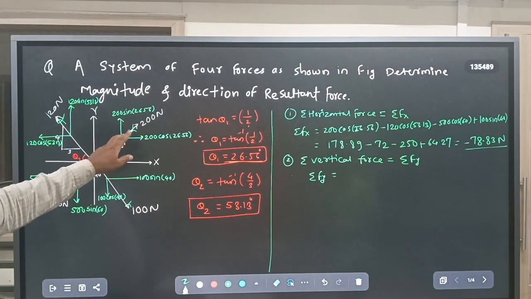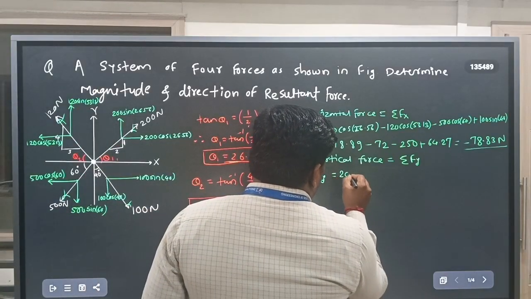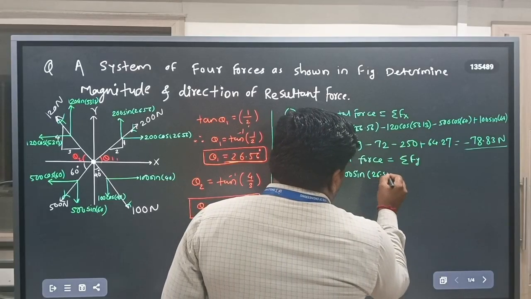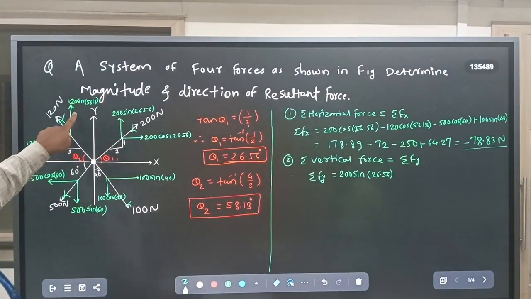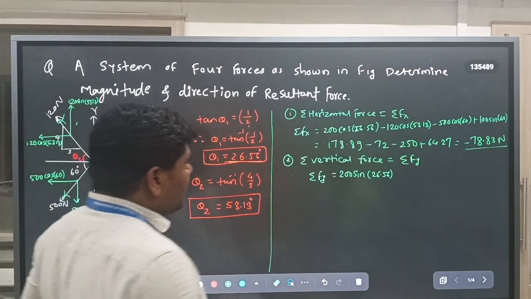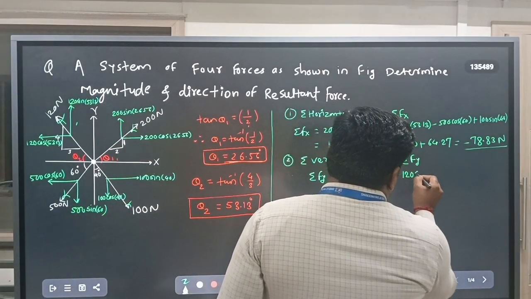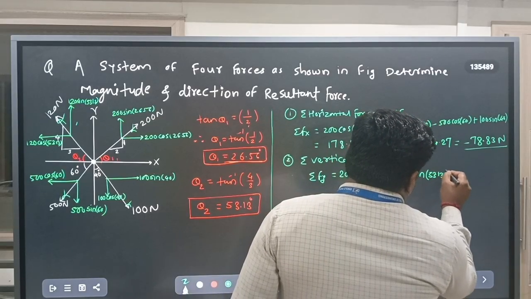Again, start from same force, that is 200 sin 26.56 upward so positive. Again 120 sin is upward, so that is also positive. So plus 120 sin 53.13.